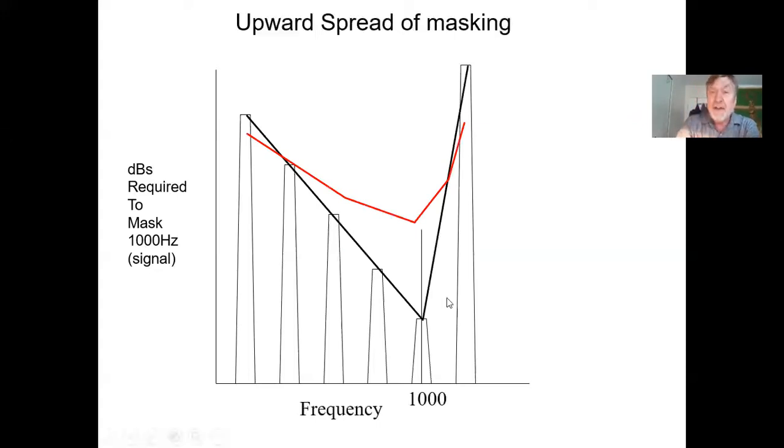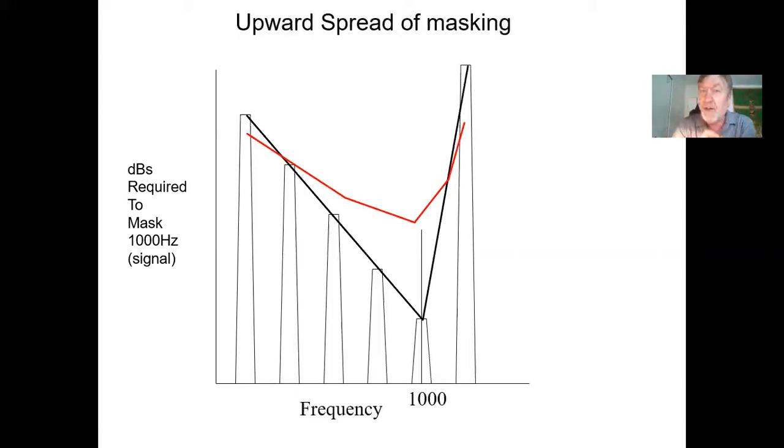Now once again, the signal has to be made greater because you can't hear it otherwise. You've got hearing loss. So now the signal's got to be made louder for you to hear it. But now let's look at what happens with masking. You've got the red curve, which is more shallow, less pointed.